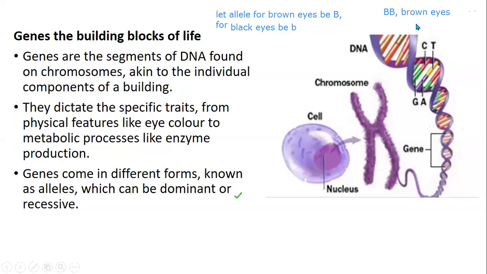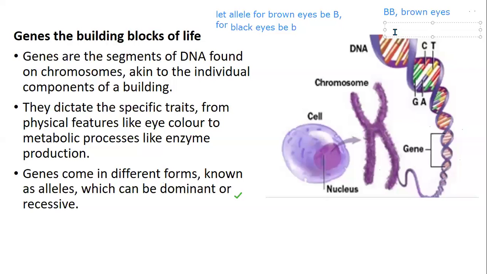Or if we have capital B small b, just a moment, then we are also going to have brown eyes, because like I said, wherever the dominant allele is, it expresses itself.